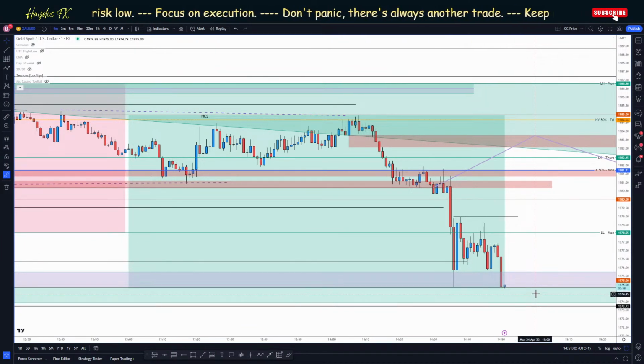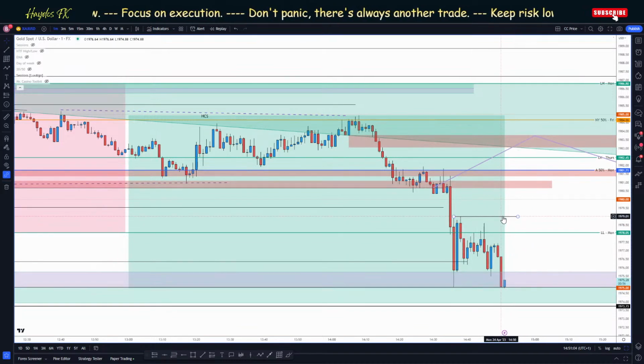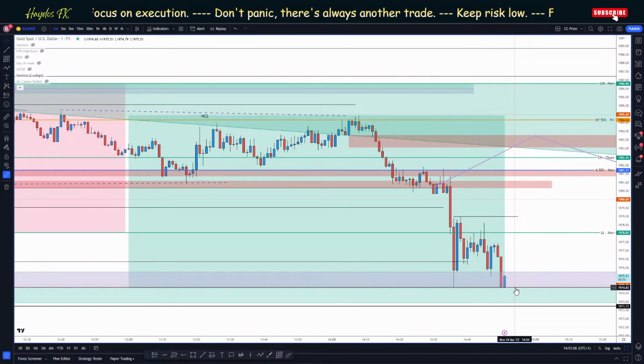Retested the low. Very good. Well, that would have been a really good one, wouldn't it? Yeah, it would have been just like Friday without the loss at first. Yeah, same.